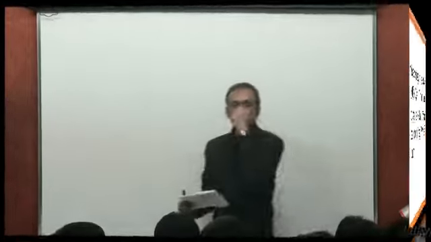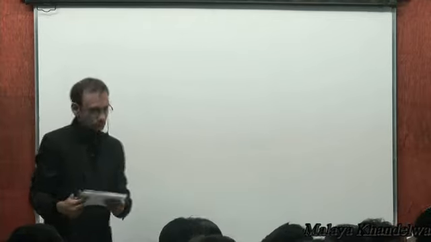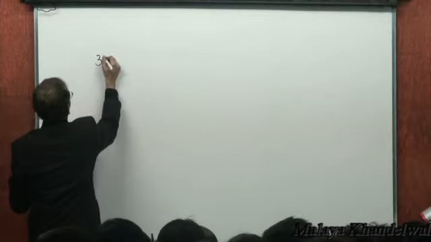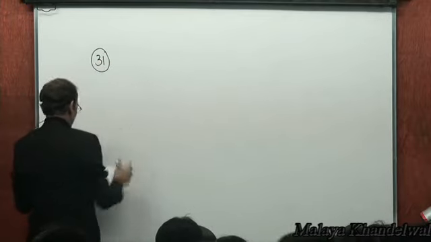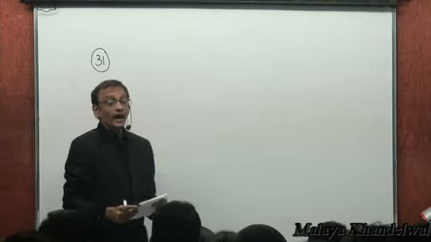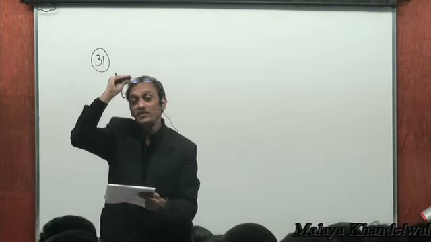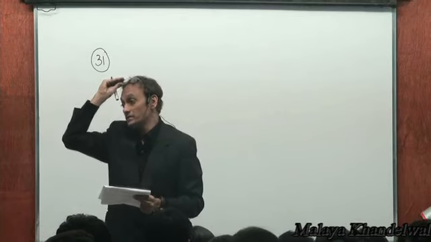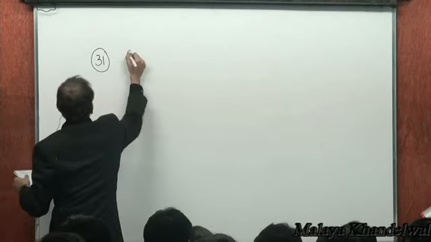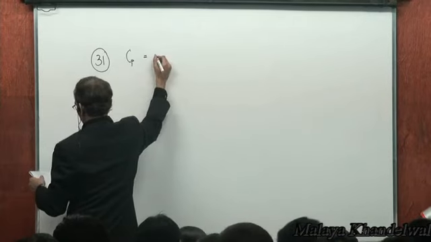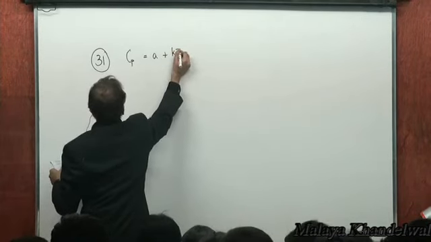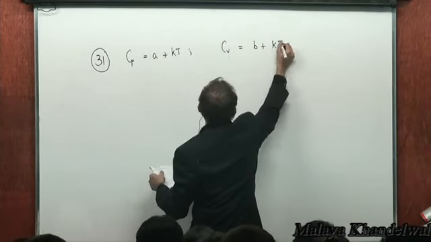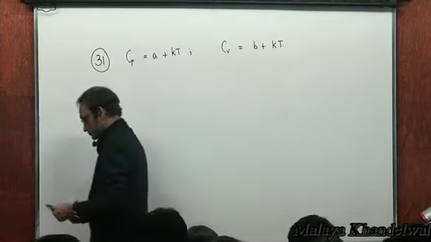All right, 31. Now we have Cp and Cv for a certain gas that are temperature dependent. Say Cp is given as A plus Kt and Cv is given as B plus Kt. A, B, K are constants, T is the absolute temperature.